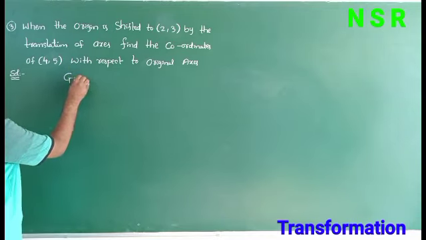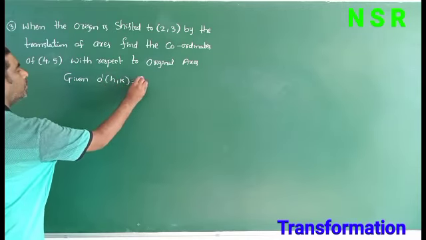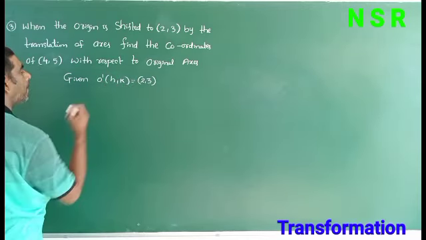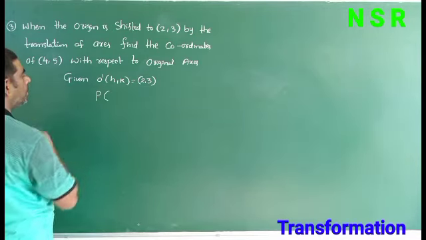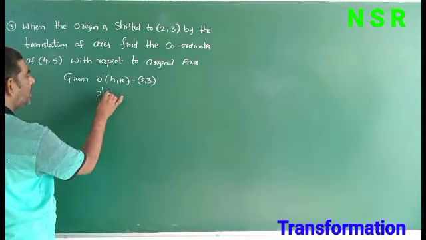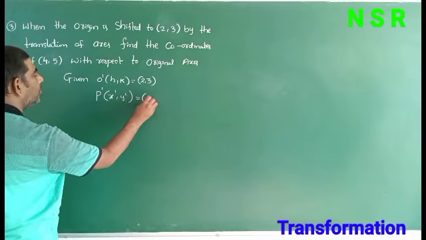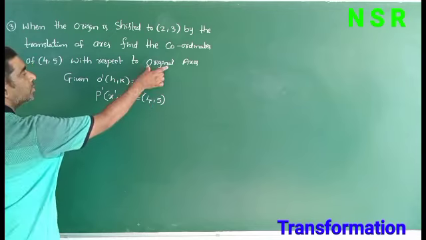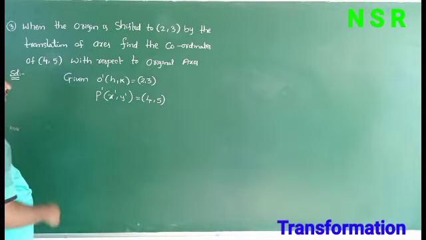Given O dash h comma k equal to 2 comma 3. Next, here P dash x dash comma y dash equal to 4 comma 5. So here original means, this is new. New axis means x dash y dash.